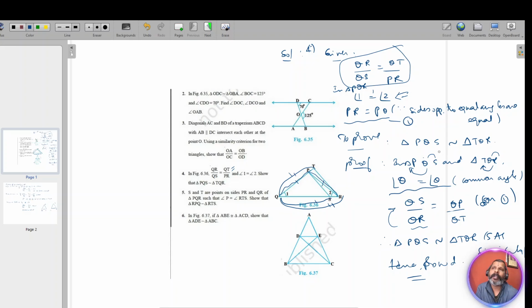Instead of PR I just wrote PQ because angles 1 and 2 are equal, which means we derived from the theorem that sides opposite to equal angles are equal. These three parts are from the given only. How did we write QP? Because it's equal to PR, and PR was there in the given part. Understood. Otherwise, what you can do is take the first relation from the given as it is, and in the PR, you substitute PQ. That's it. I'll tell that also.